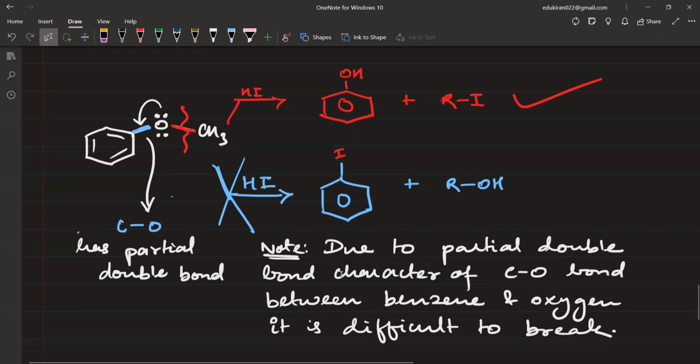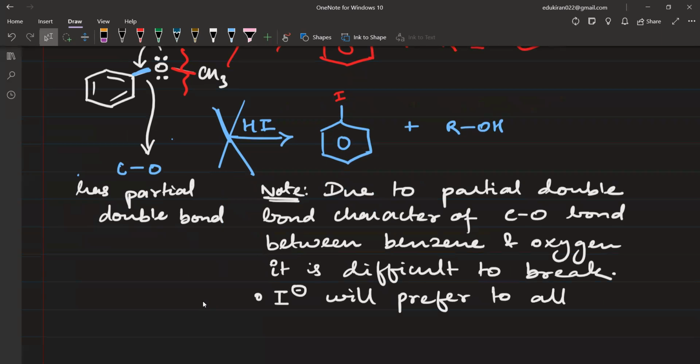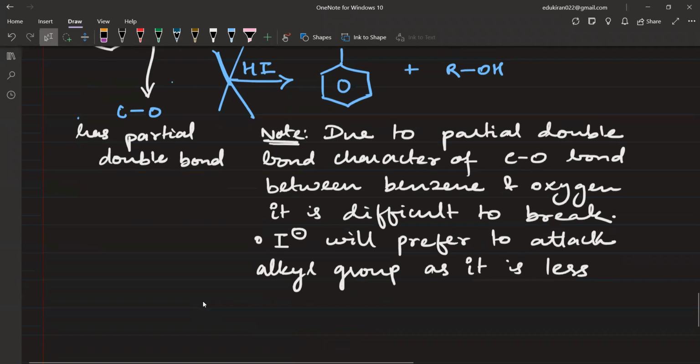Another reason is that iodine negative will prefer to attack the alkyl group as it is less hindered.